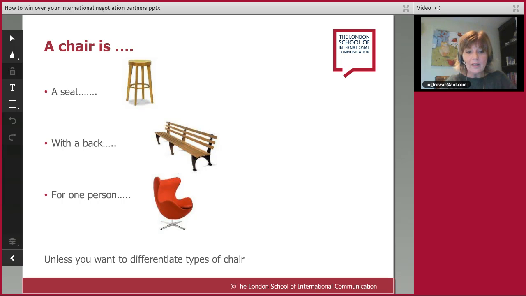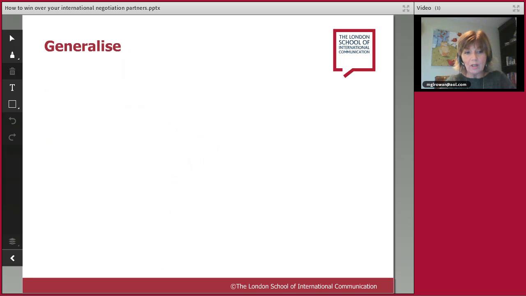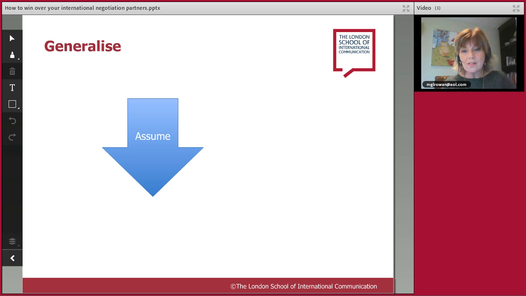And when we apply that to negotiating and we generalize, we make an assumption that everybody that's in the room, or everybody that's discussing this topic, has the same level of knowledge or understanding about a particular topic or about a particular subject.